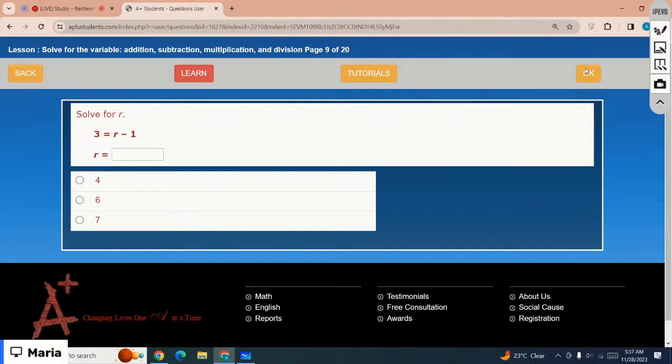The correct option is, yes, it is 4. The correct option is 4.